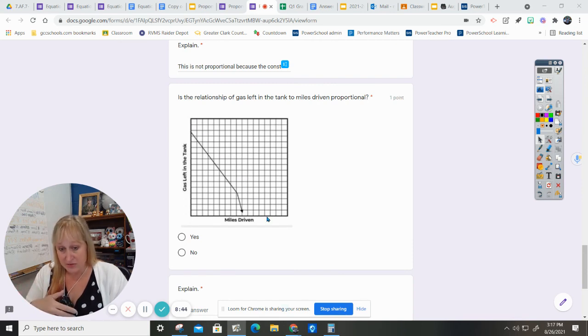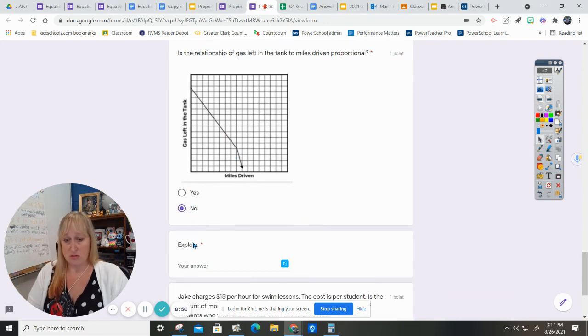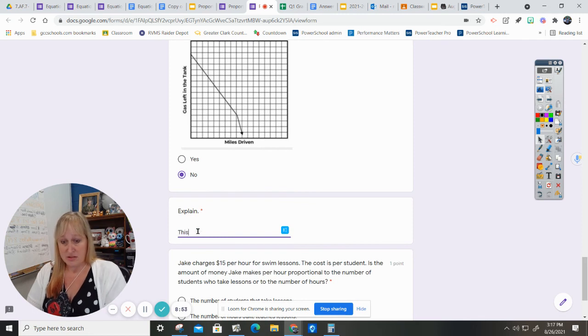It could be negative, but also, look, it's not a straight line. So no, it's not a straight line. So not proportional. This is not a straight line, so it is not proportional.